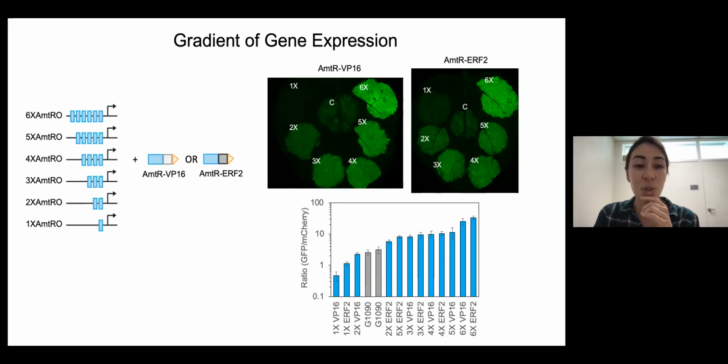So in this case, we're reducing the number of binding sites for the activator and making the synthetic promoter less responsive to the amount of activator that's present. And here you can see the effect of having different numbers of binding sites in the synthetic promoter. You can actually get a nice gradient of gene expression where you have both more expression than just the control, which is directly driving expression of GFP, or less expression than that. So we should be able to tune up and tune down.